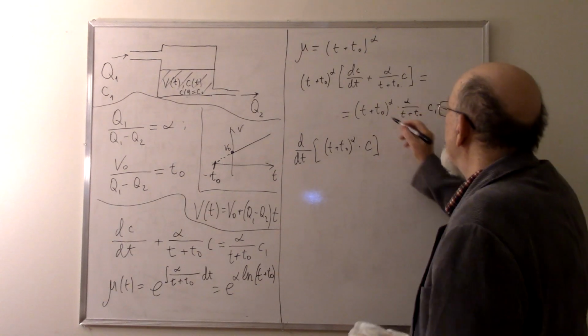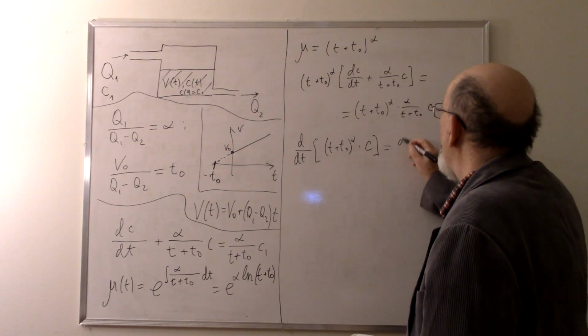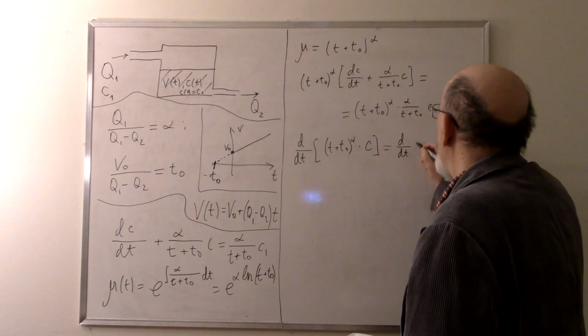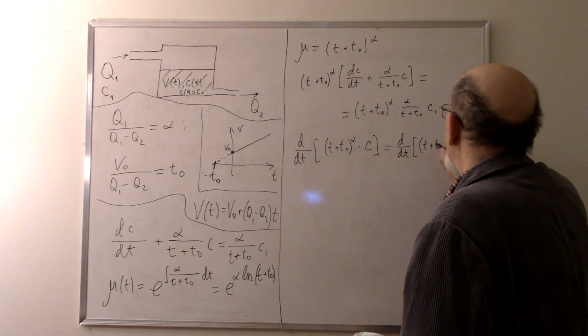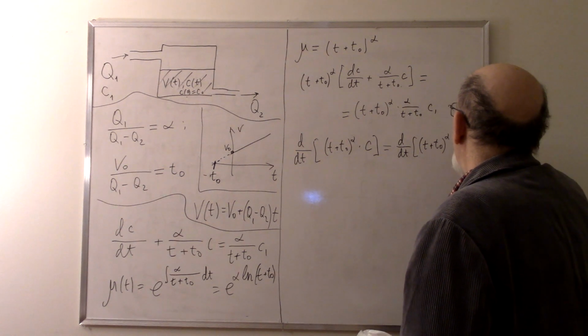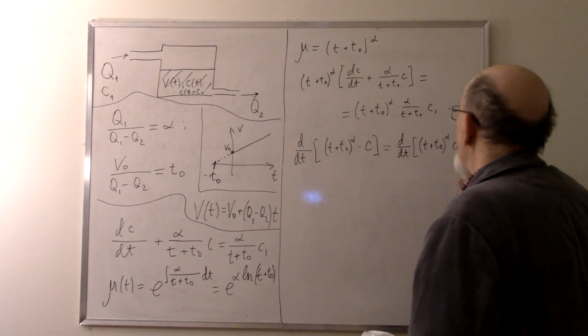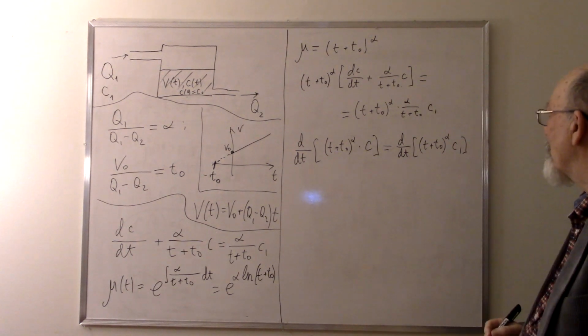And this is the derivative of (t plus t0) to the power alpha times c1.